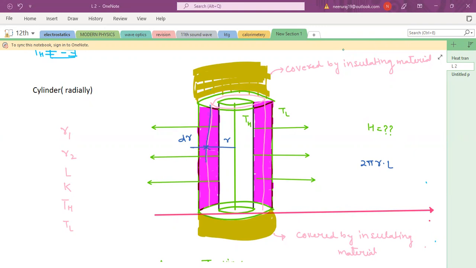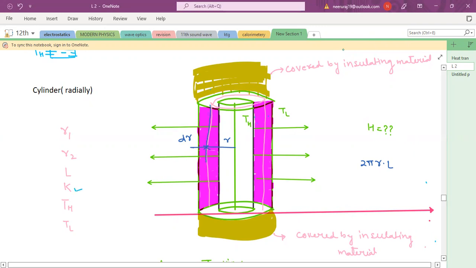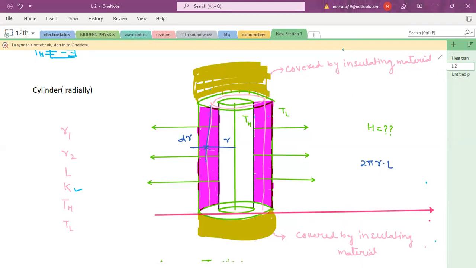This is a filled material between the two cylinders R1 and R2. Only this part is filled, and the thermal conductivity of this material is K, and K is also constant. Inner temperature is T high, outer temperature is T low. This is the specification of the cylinder.